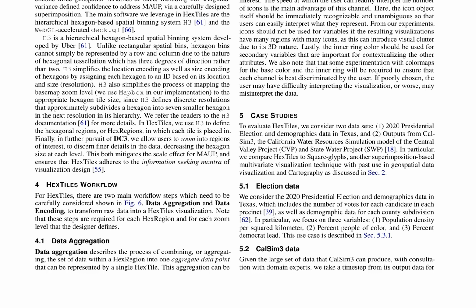The paper provides guidelines for what data attributes are ideal for each HexTile characteristic and presents 2 case studies to evaluate HexTiles: the 2020 presidential election and demographics data in Texas, and outputs from CalSim3, the California Water Resources Simulation Model.